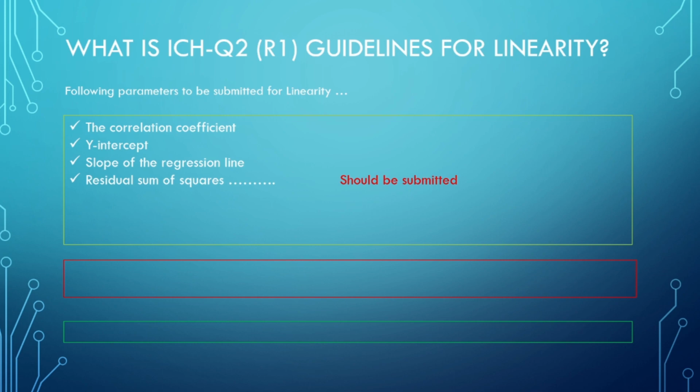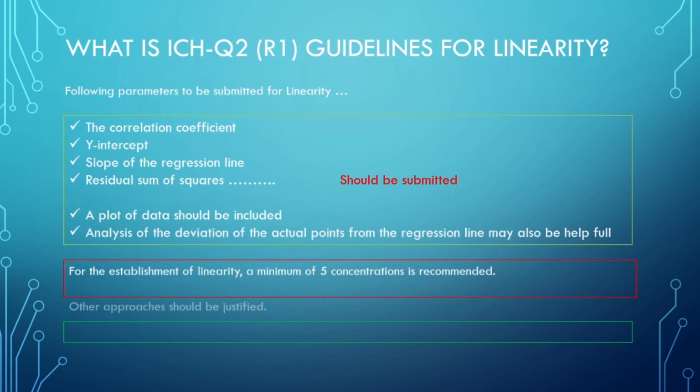These four values should be submitted. It is not telling what the specification for the correlation coefficient or the y-intercept should be. It is only a guideline. And also it is telling that a plot of data should be included. So you have to keep the linearity plot data, correlation coefficient, y-intercept, slope of the regression line, and residual sum of the squares.